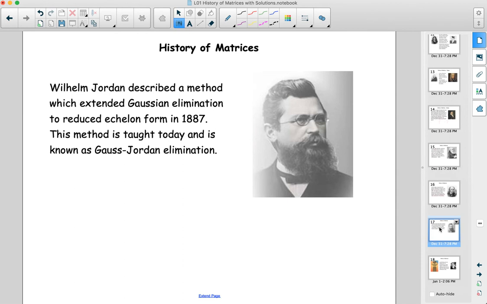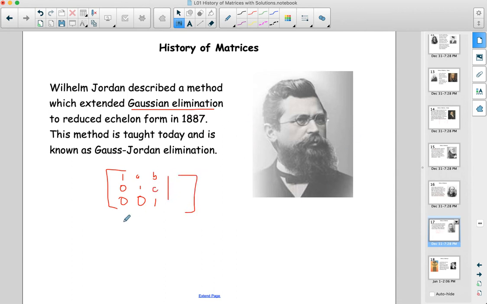Next contribution. So this is Wilhelm Jordan. He described a method which extended Gauss's. Now in Gauss's method, Gauss was doing this: pivot, 0, 0, pivot, 0, and then make this a 1. And he didn't necessarily even want that to be 1, and Gauss was not concerned about zeroing these ones out. He sort of found those out by back substitution.